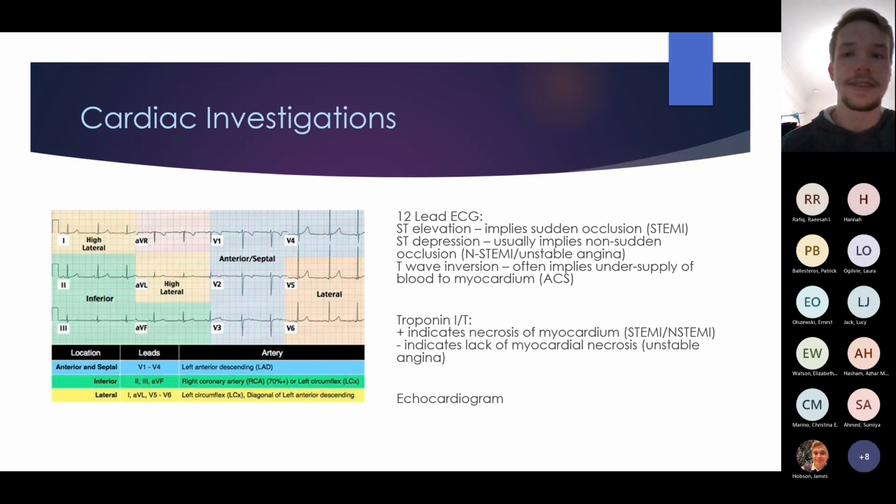T-wave inversions are often seen as well, which normally implies there's been an undersupply of blood to the myocardium. So in any of your acute coronary syndromes, you might see T-wave inversions. For the troponin tests, if they come back positive, that normally indicates necrosis of the myocardium, which would lead you to believe it was a STEMI or a NSTEMI, because there's been necrosis of that tissue due to the lack of blood supply.